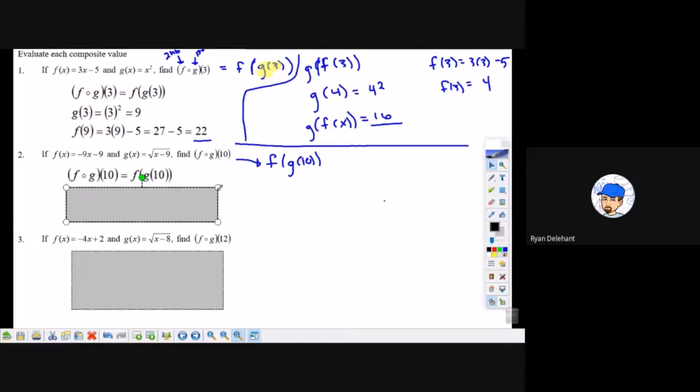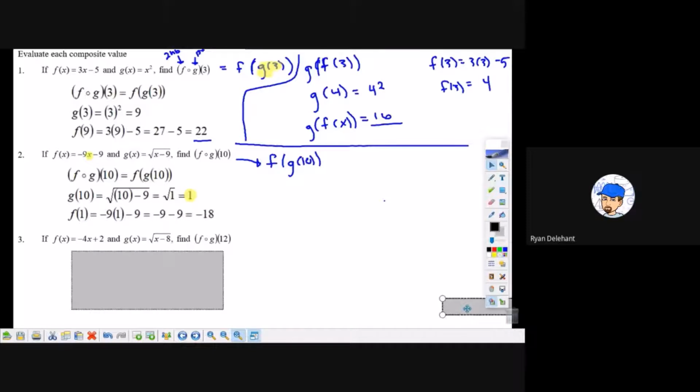So we've got to find g of 10, so we're going to plug 10 into here. So that's 10 minus 9, and we get the square root of 1, which is 1. So that means that this 1 is going to get plugged in here for our x when we find f of 1. We should have got negative 18.